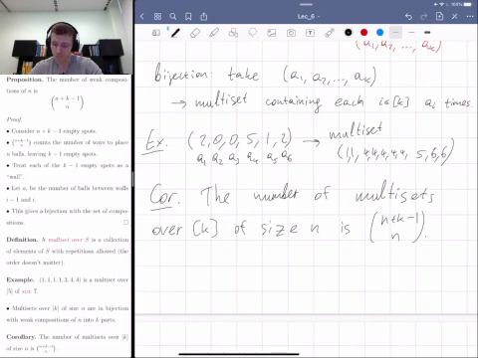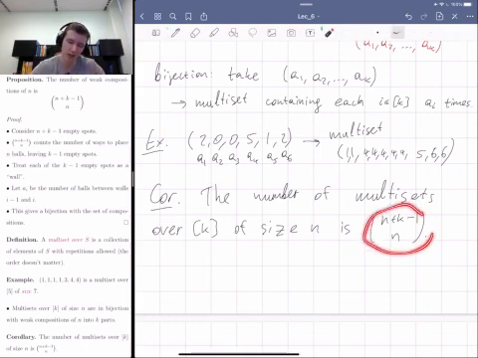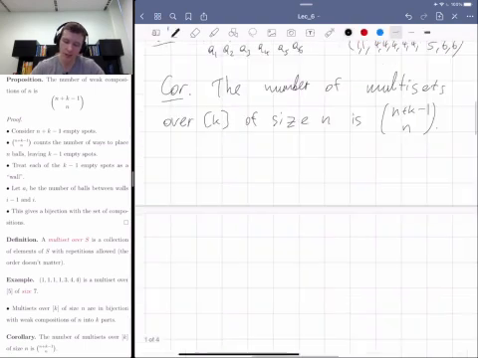So far we're just getting binomial coefficients. Soon we're going to get some more complicated numbers.